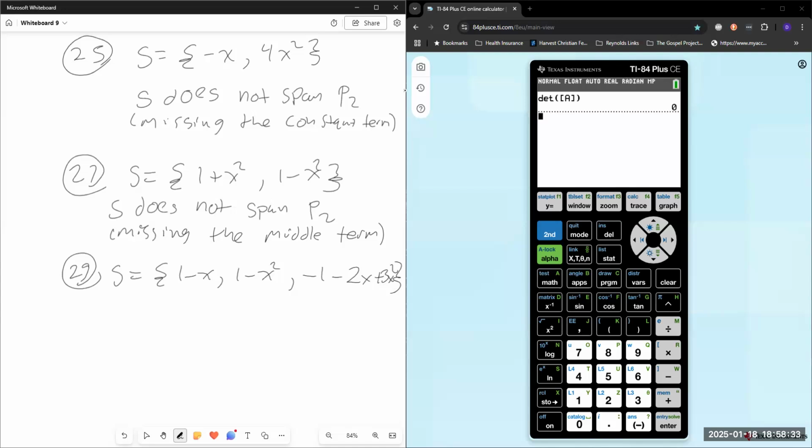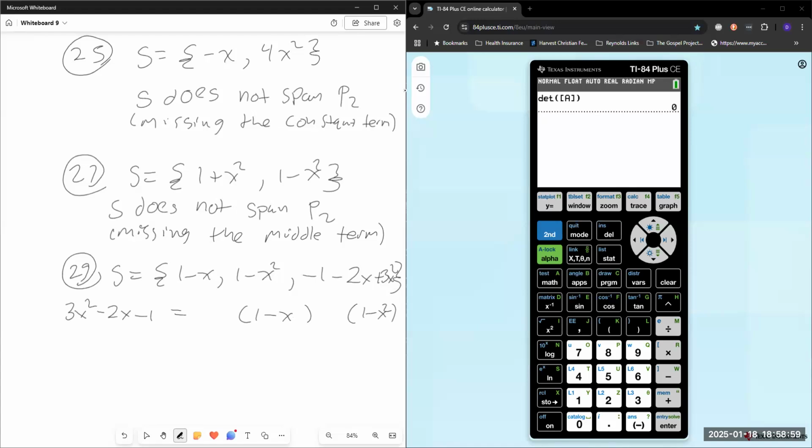So let's try and write it this way: 3x squared minus 2x minus 1, something with a negative x squared plus 1. I'm going to do this piece first. Something with 1 minus x and something with 1 minus x squared, like that.